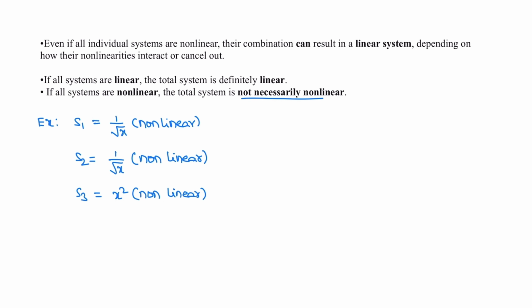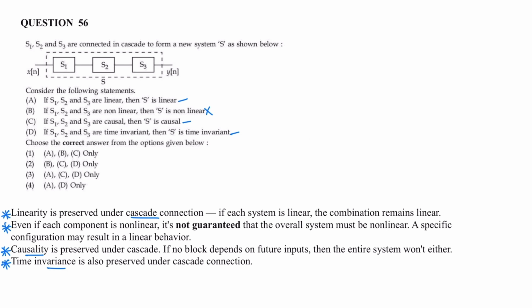The cascaded system S1, S2, S3 is 1 by root x, times 1 by root x, times x square. So its value is x, which is a linear system. Therefore, if each individual component is non-linear, it is not guaranteed that the overall system must be non-linear.